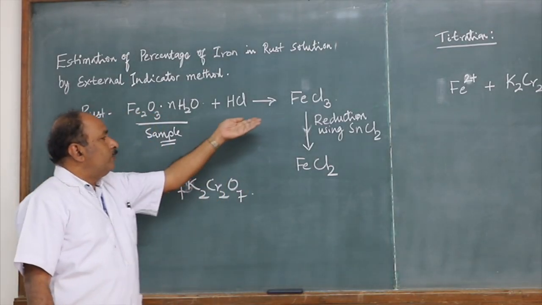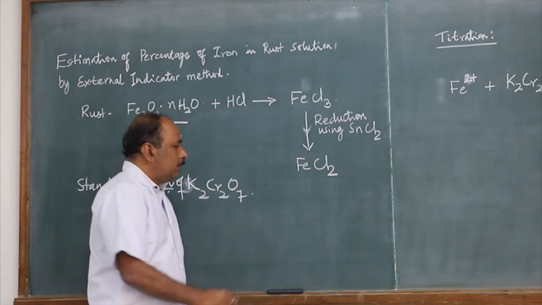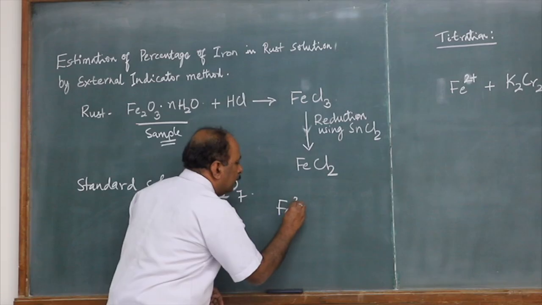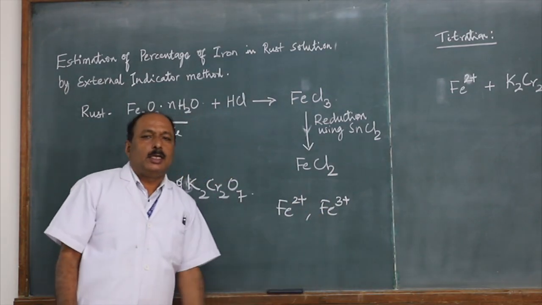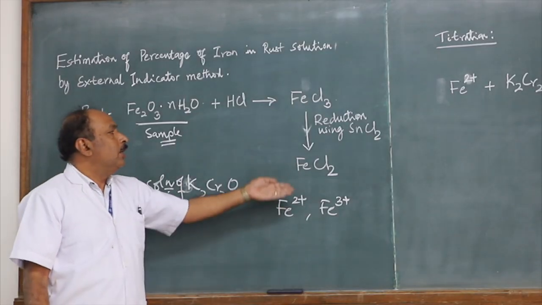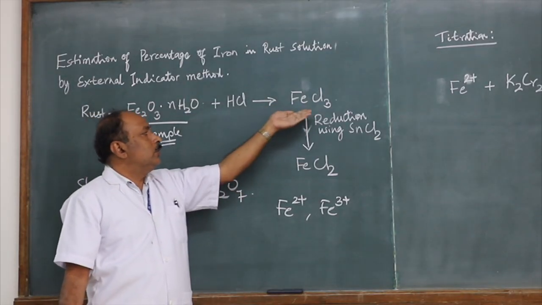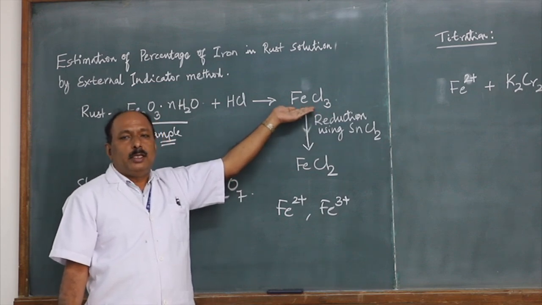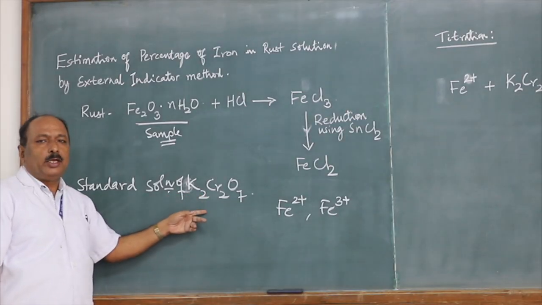All of us know iron in nature exists in two oxidation states, that is Fe2+ and Fe3+. Fe3+ is the most oxidized state. Here, the iron in our rust solution is in the oxidation state of +3. Therefore, we cannot bring about a reaction between ferric ions and potassium dichromate.